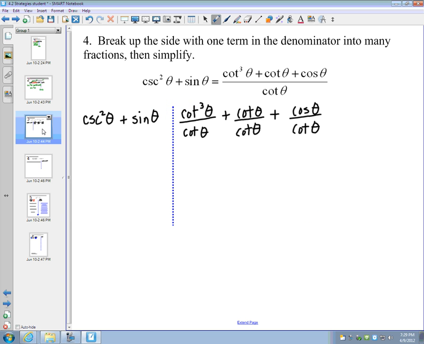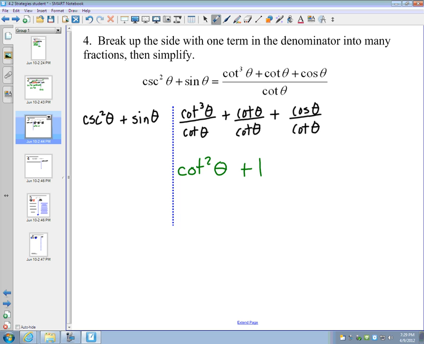Okay. The next one says that you can break up the side with only one term in the denominator into many fractions and then simplify. So I have cotangent cubed plus cotangent plus cos all over cotangent, and I broke those all up into 3 separate fractions with the same denominator. I'm going to simplify. Cotangent cubed over cotangent is just cotangent squared. Cotangent over cotangent is just 1. And then I have cos over cotangent.